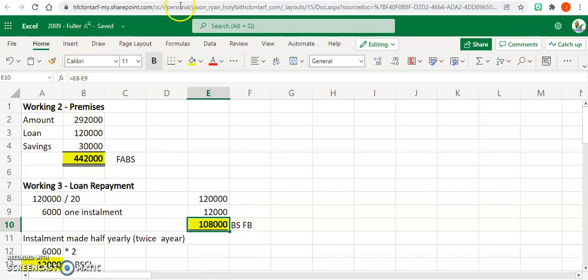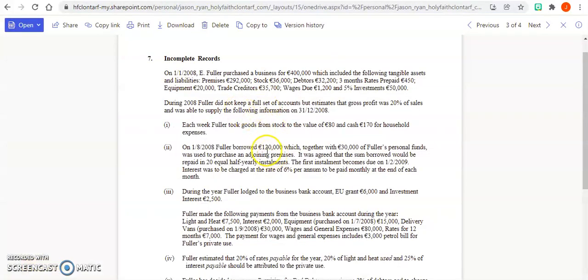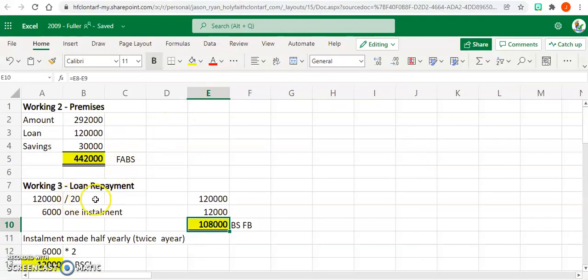So we've adjusted our premises with the 120 and the 30. We've accounted for our loan repayment, which is now 108,000 because we've paid 12,000 off it. That 12,000 is our installments multiplied by 2 because we're going to make 2 installments a year. So that's going to be 12,000.